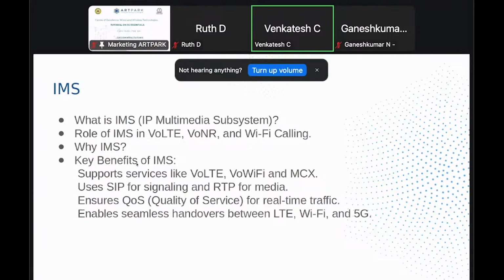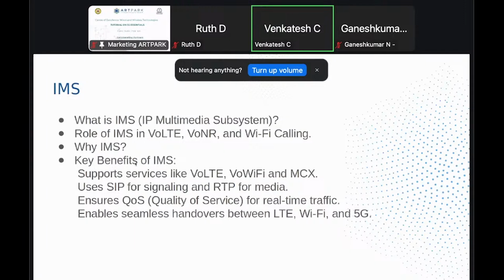It provides better scalability and flexibility for telecom operators. It works across multiple access technologies like LTE, Wi-Fi, and even 5G. IMS acts as a bridge between traditional telecom and modern IP-based communication.